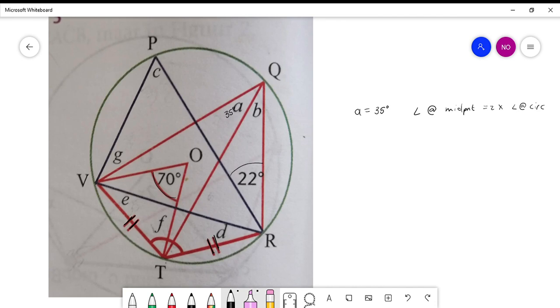Now remember, equal chords subtend equal angles, so B must also be equal to 35 degrees. Gelyke koorde, gelyke hoeke. Goed, so as hierdie ene ook 35 grade is, beteken dit hierdie hele hoek altesaam is 70 grade. You guys see that? You agree? This angle is equal to 70 degrees.